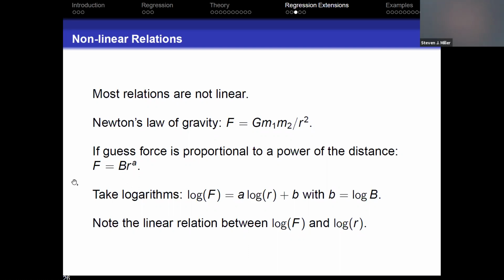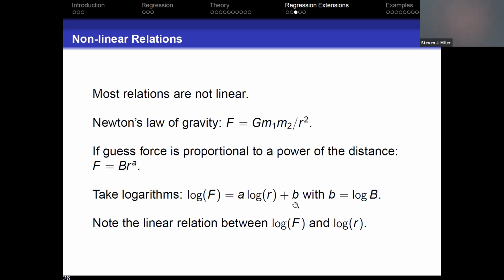Well, if we take logarithms of both sides, this gives you an example of why we care so much about logarithms. We would get the log of f, and then we get the log of b r to the a. The log of a product is the sum of the logs. So we get the log of r to the a plus the log of big B. And then the log of r to the a is a log r. And we're using the log of a power is the power times the log.